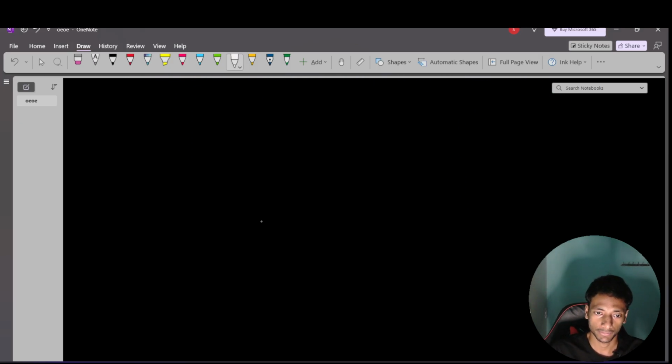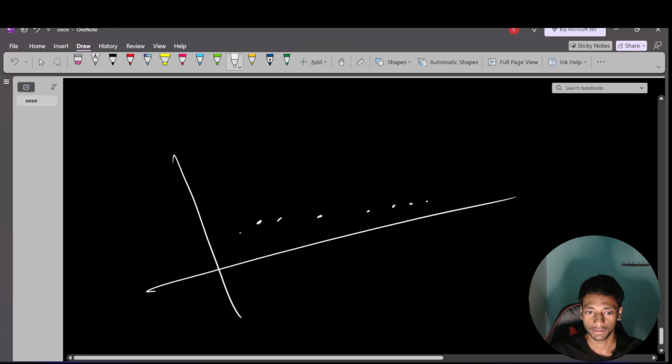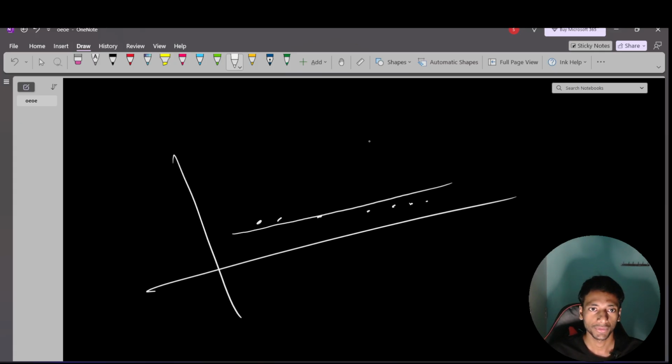So for parallel to the x-axis, suppose these are all the points present on this baseline. I want to generate triangles using this baseline. Suppose this is one point, this is another point, this is another point, and it is possible that there is one present here also, correct?